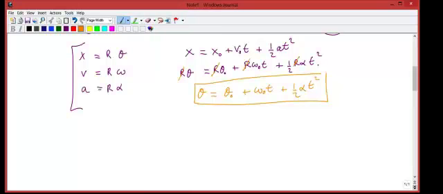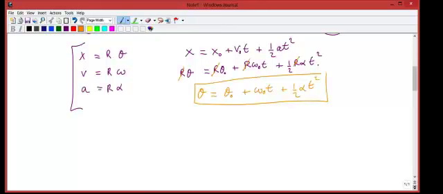That's a beauty, which means that all the types of problems we've done in chapter 2 and 4 can be done in angular direction as well. All we have to do is every time we see an x, we put a theta. Every time we see a v, we put an omega. Every time we see an a, we put an alpha. Okay? So we've done problems when we went over chapter 2.